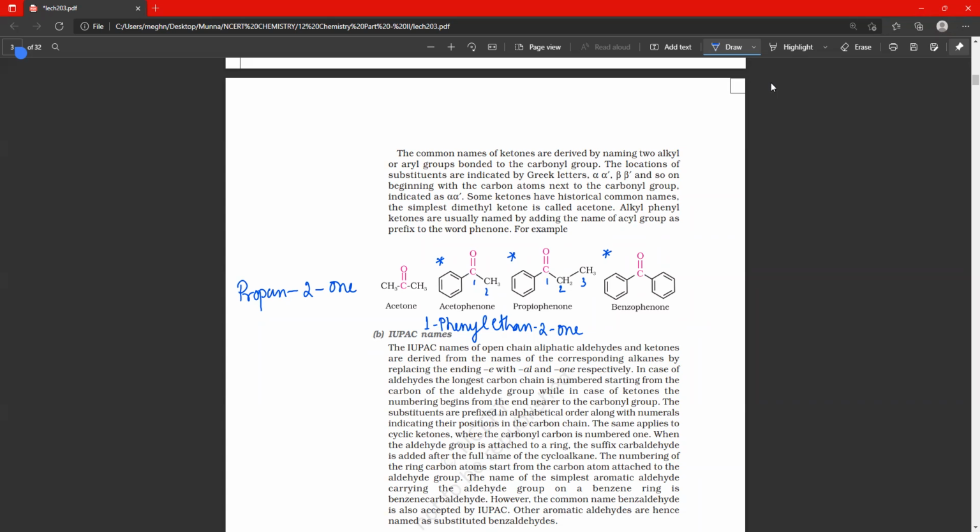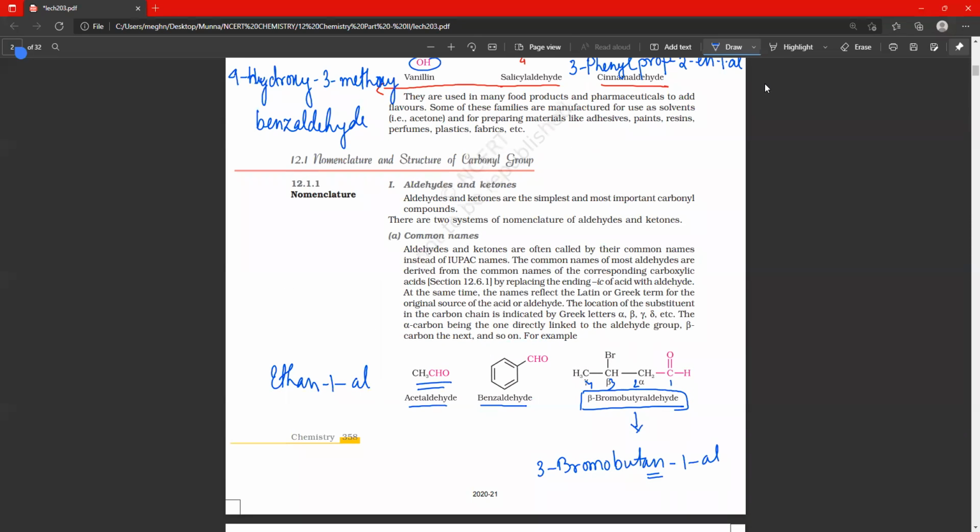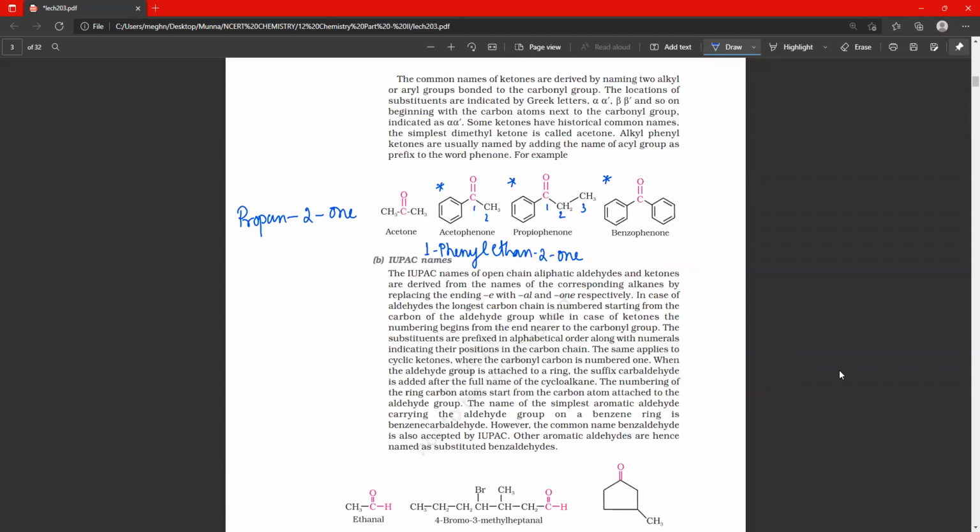Ma'am, once show the previous page, no? Yes. Okay. Now, everyone, please, propiophenone, you have to write yourself, everyone.